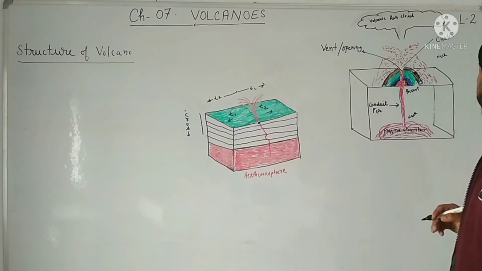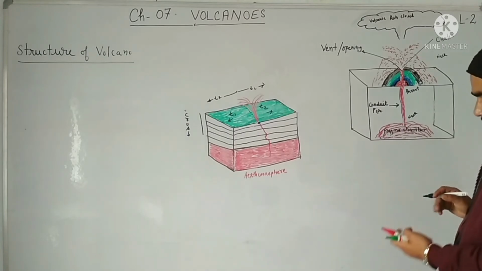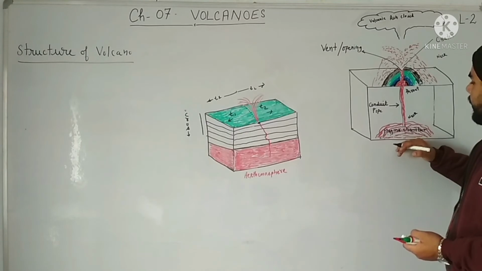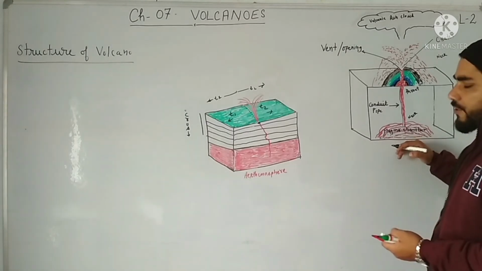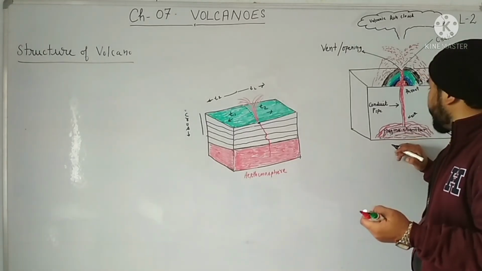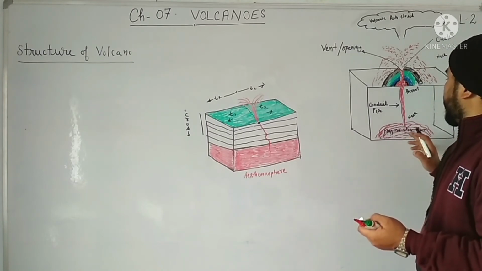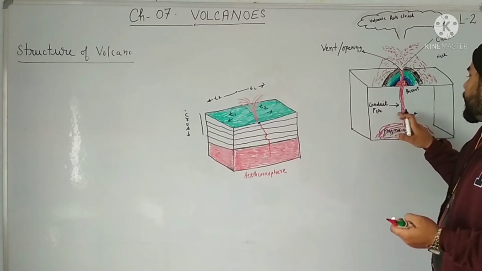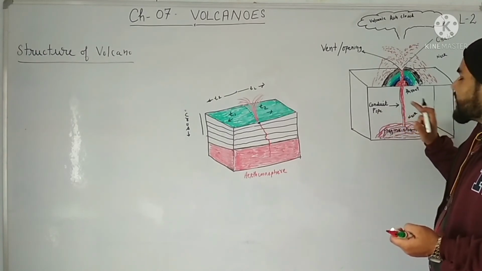Then other than that, we know that this magma finds its way because of the very high pressure. This magma is forced to move upside. Okay, and when it moves upside, it finds its way in some cracks.